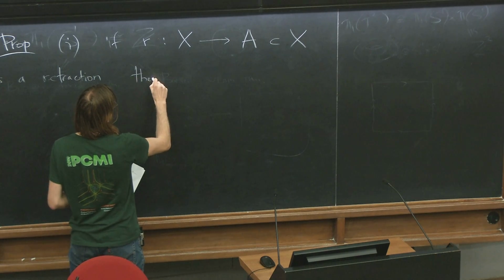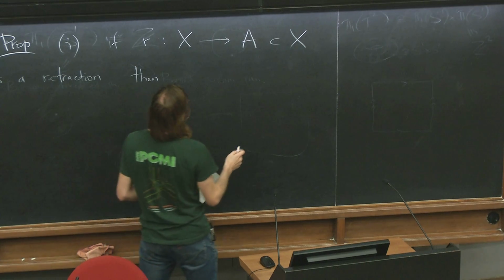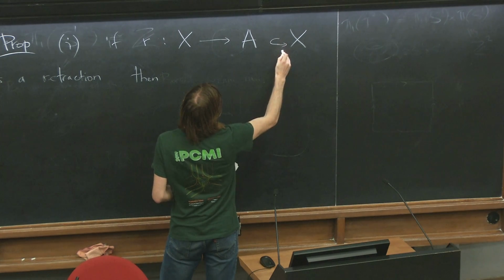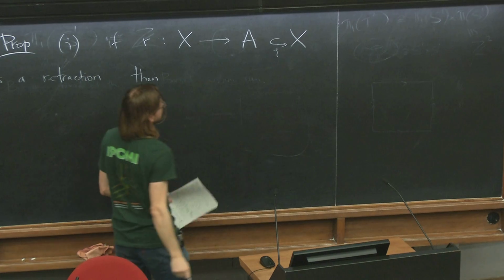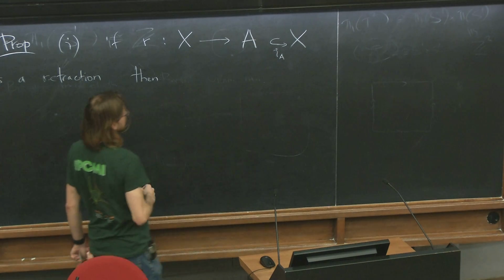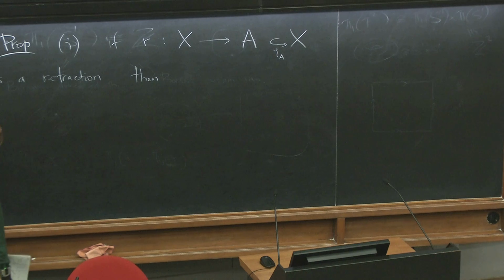Then let i be the canonical inclusion map from A to X.